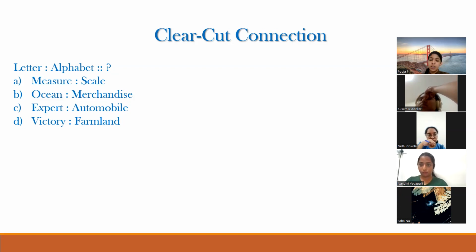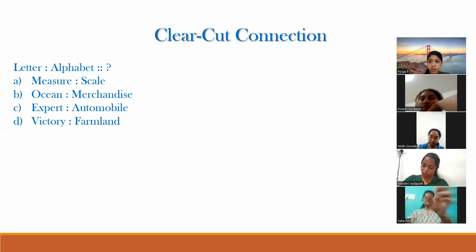Here, just analyze the options and see if they have any connection between them. Are victory and farmland related anyway? No. So you can remove option D. How about expert and automobile? Not all experts are experts of the automobile industry. They could be an expert in something else as well. So it is not clear-cut or precise, as we told before.